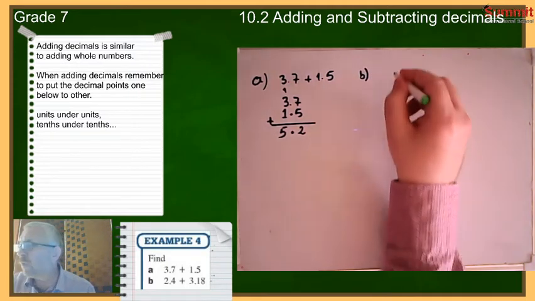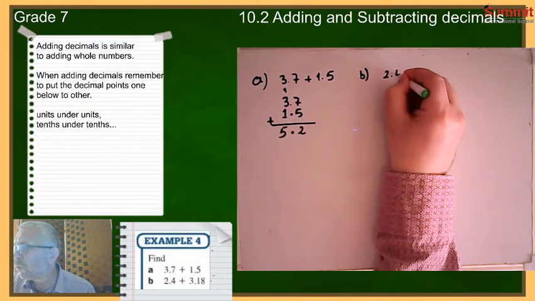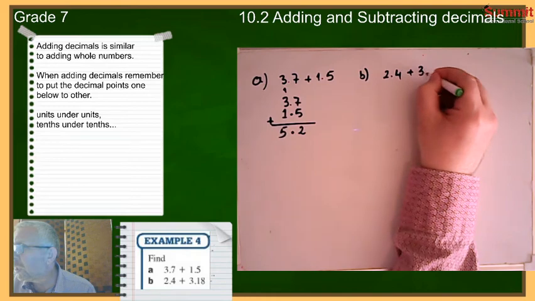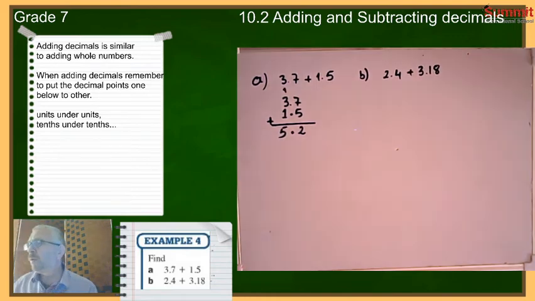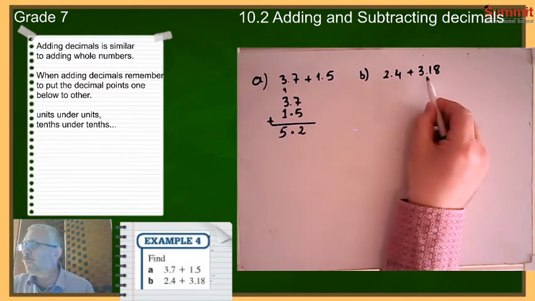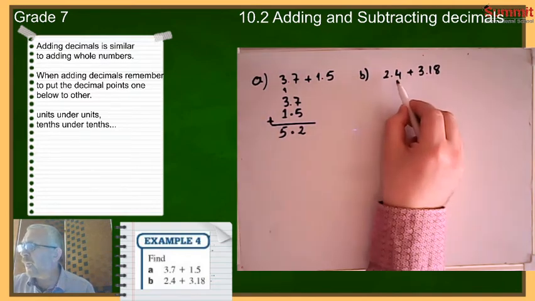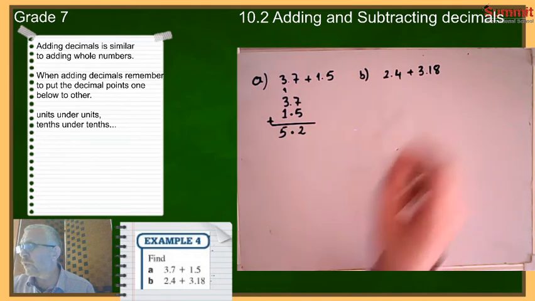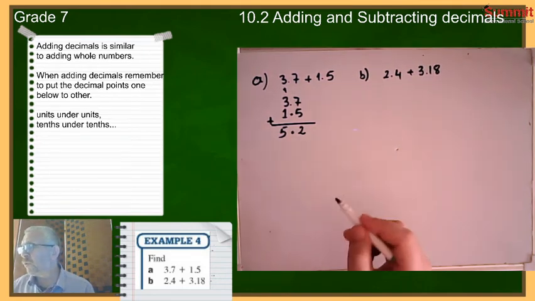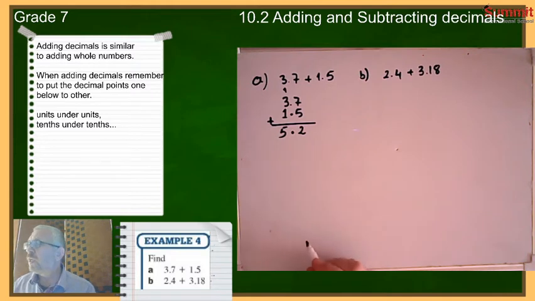Now here what we have? We have 2.4 plus 3.18. As you see here we have 2.4 and 3.18. Here we have tenths, here we have hundredths. Now we should write this one. Here we are going to use equivalent writings.